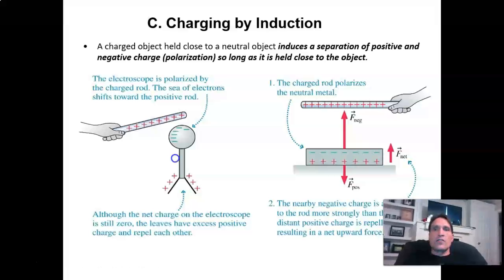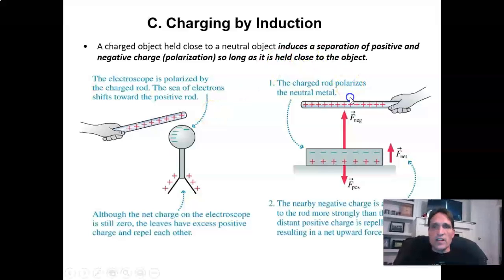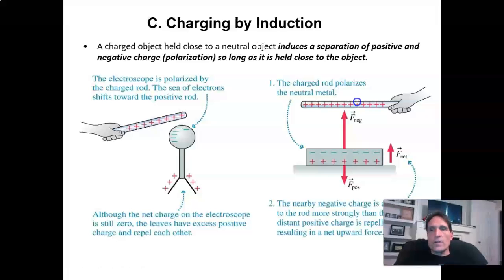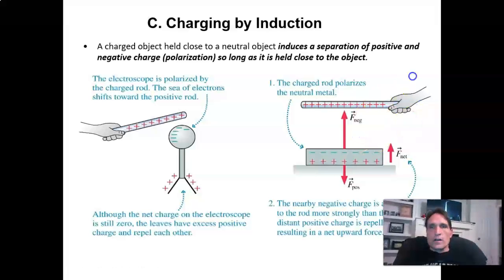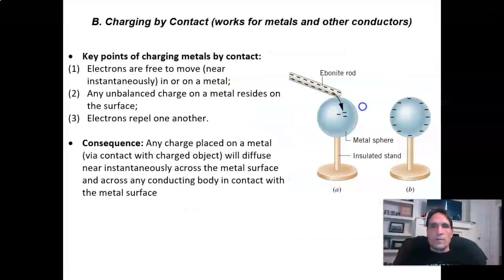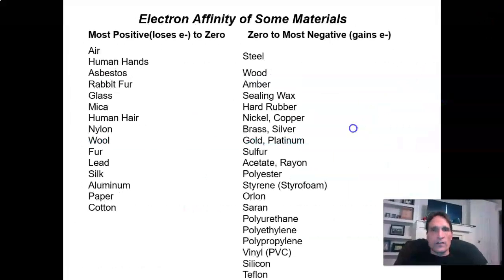So try this experiment at home. Take a comb and run the comb through your hair. Your hair is going to give up electrons. Actually, you couldn't do it with your hair. Let's pick a better example here.